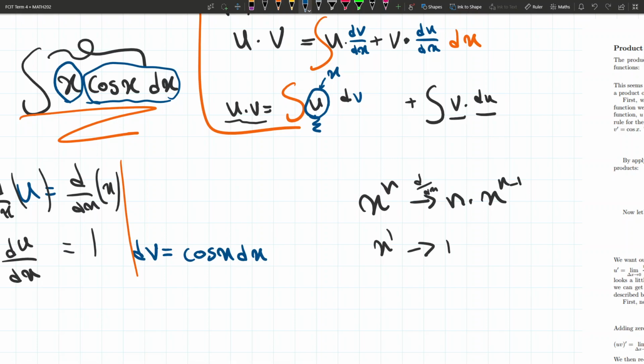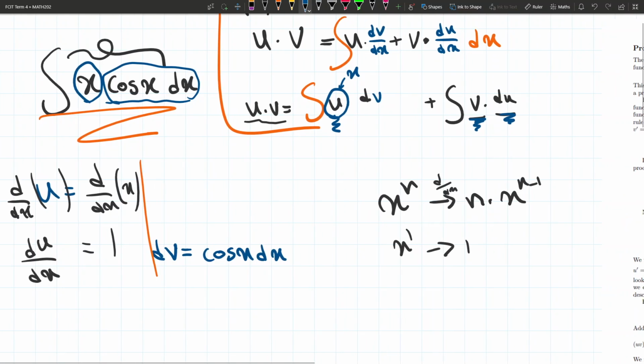As we said, u is x, dv is cosine x dx. Now we want to get these two over here. So how do we get v? We have dv. If we integrate it somehow, we might be able to get v on its own. And du we already have over here. So du is going to be equal to 1 times dx.